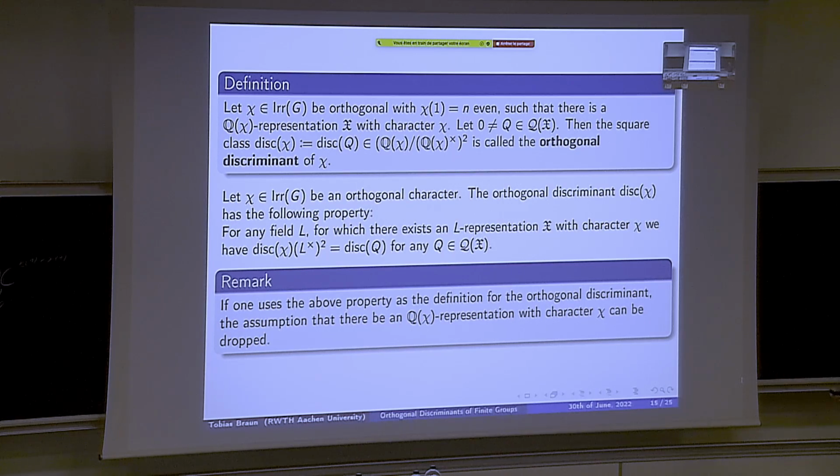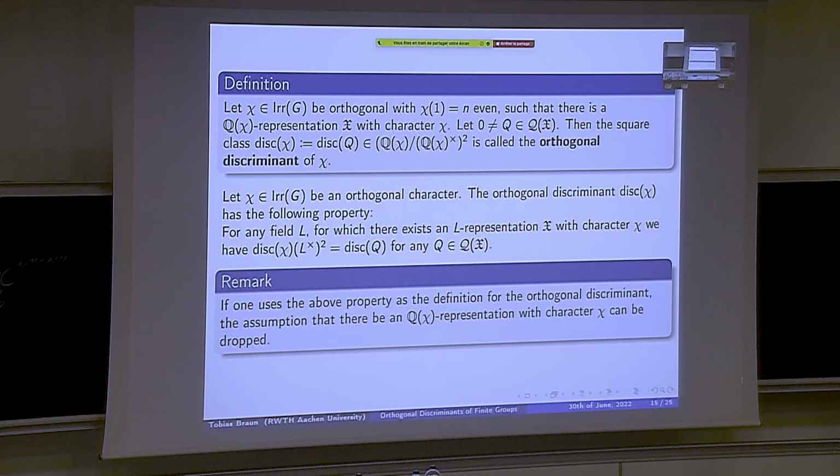And this is really a condition that I told you here, because what can happen is there might be a non-trivial Schur index involved in some of the decompositions of the group algebra. So it might happen that you have a character chi for which you don't find a representation over its character field. That can happen, but you can always realize the character 2 times chi over the character field.